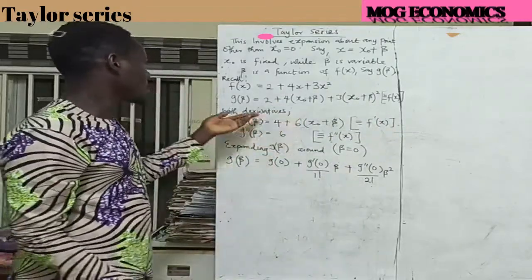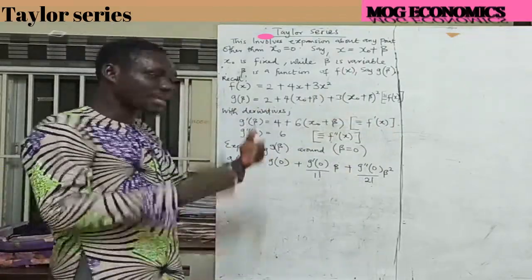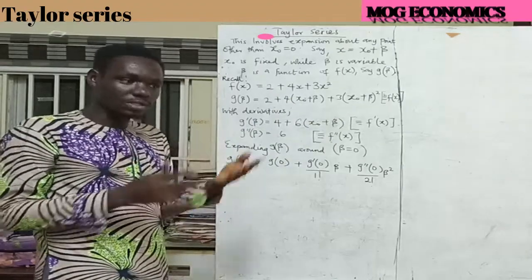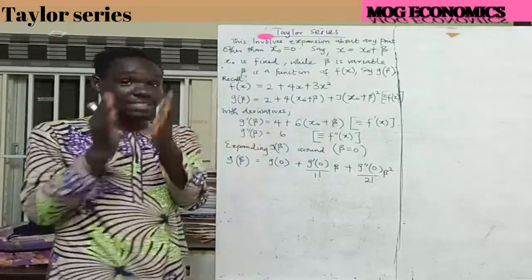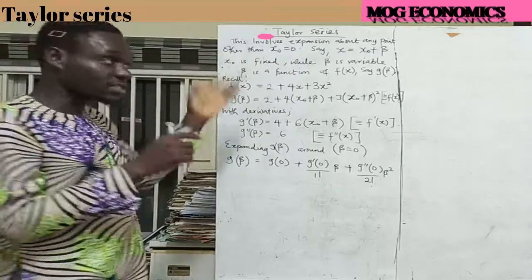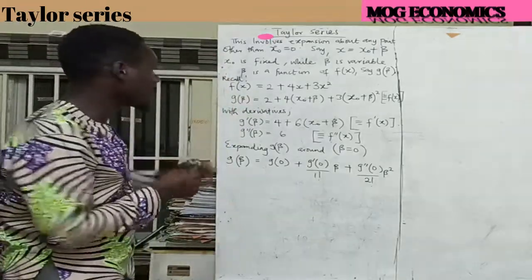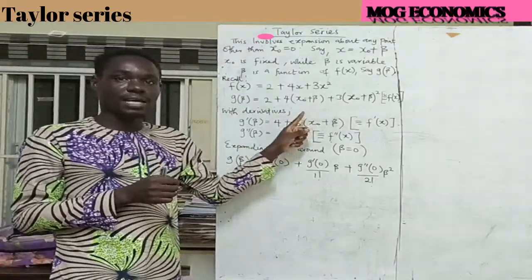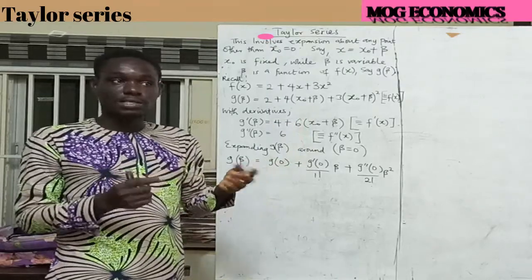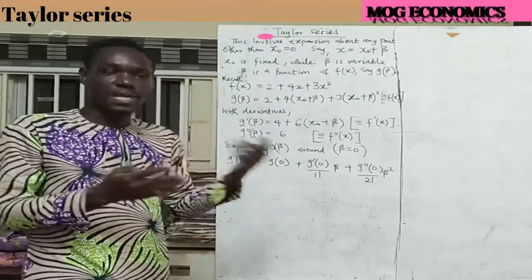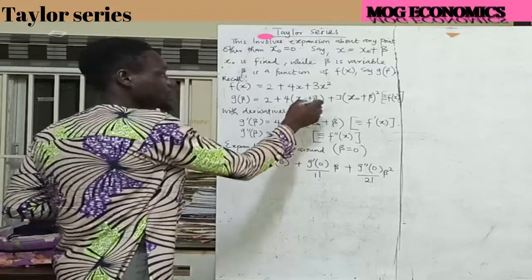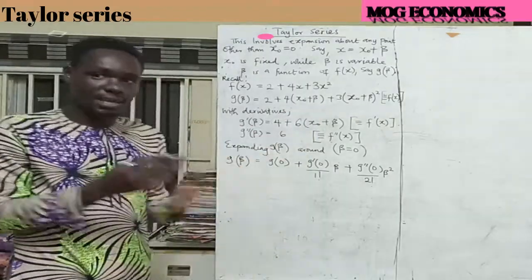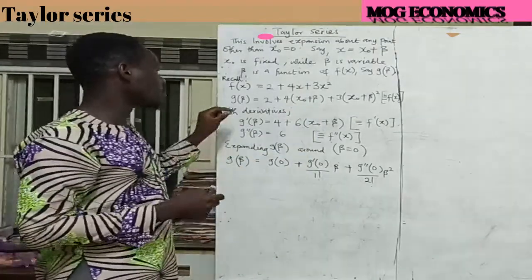Now, taking the derivative, we are following the same process as we did for Maclaurin series in the first class. But the only difference here is that there's a deviation. Zero is no longer the value, but it could be any value, and the beta here symbolizes that deviation from that actual value.